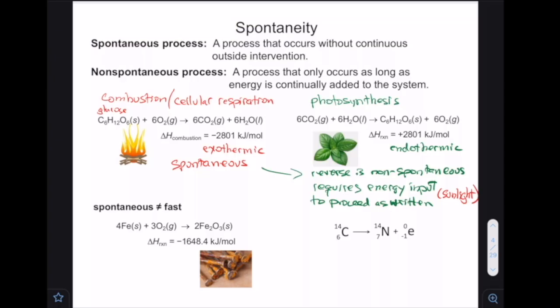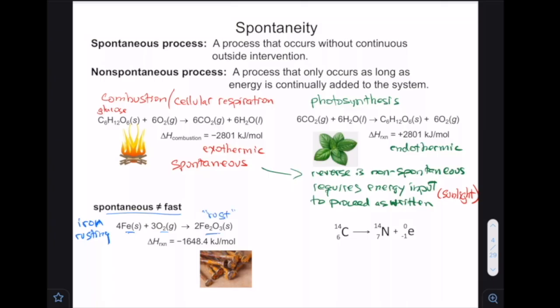Now, as I mentioned already, spontaneous does not necessarily mean that it's going to be fast. It just means that the reaction is going to proceed as written without any extra input of energy. Here's another reaction that you're very familiar with. This is iron rusting. The iron is being oxidized. We have solid iron mixing with molecular oxygen to form iron(III) oxide, otherwise known as rust.